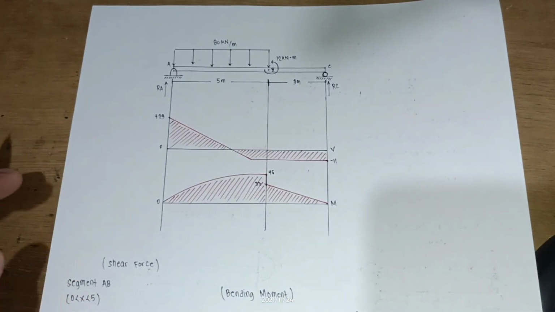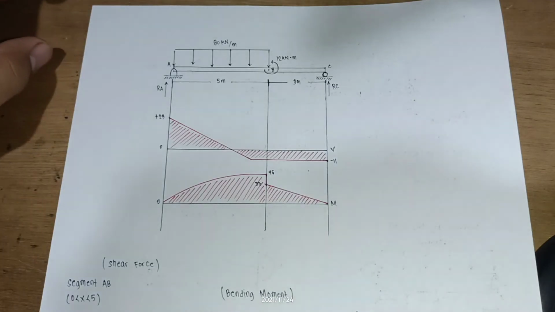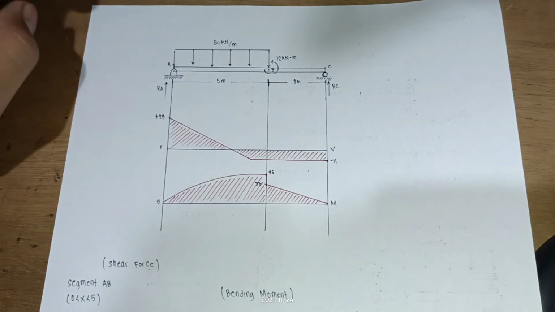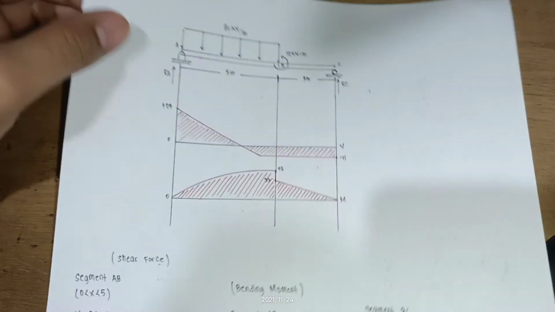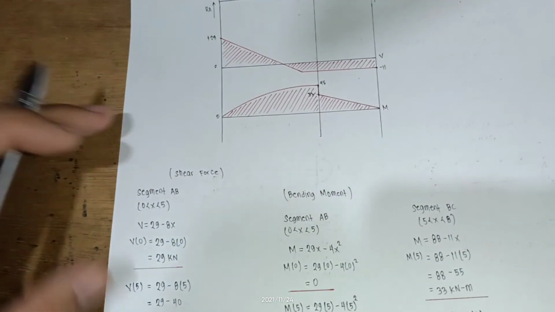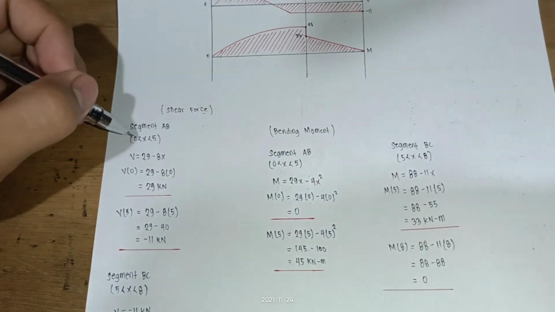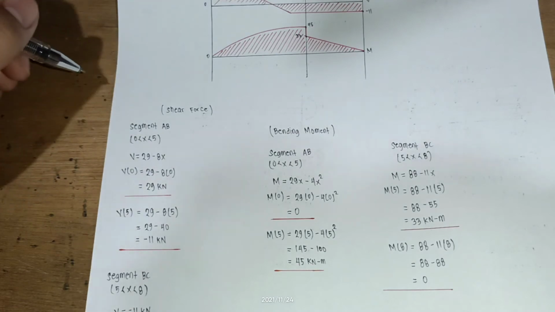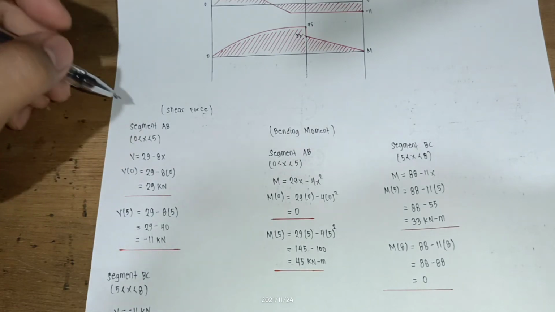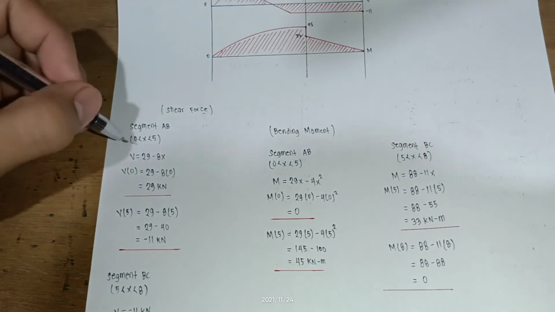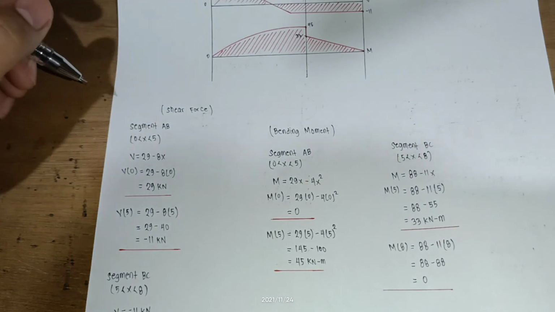So this is the diagram for the shear and moment. For shear force, segment AB, where x is greater than 0 and less than 5, the shear force is 29 minus 8x.